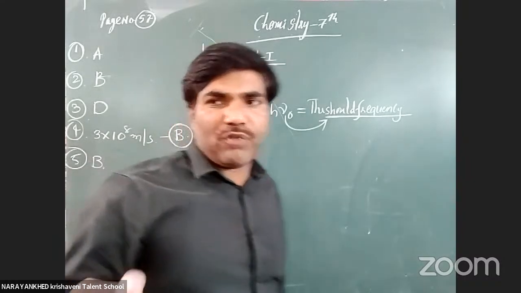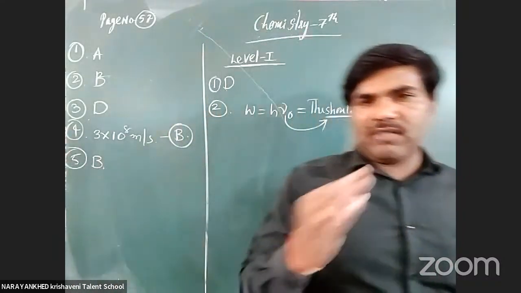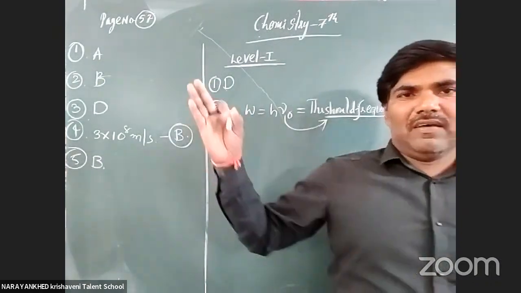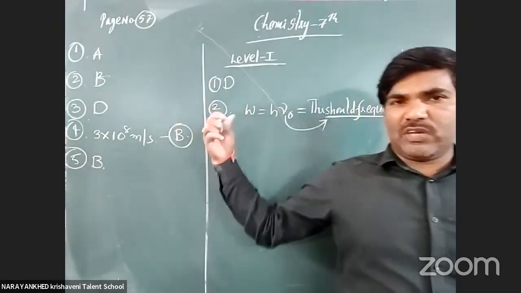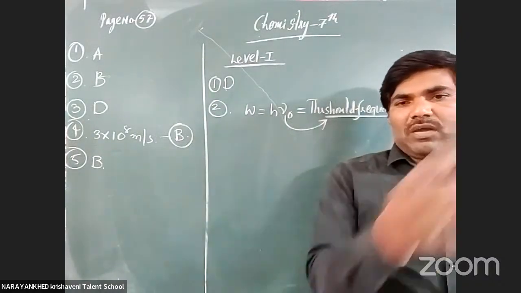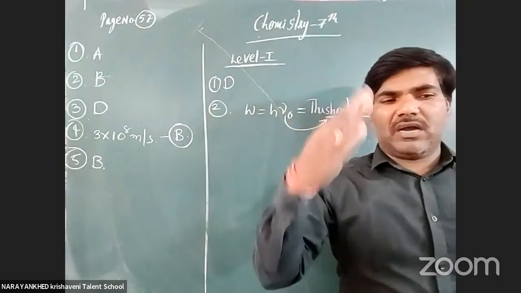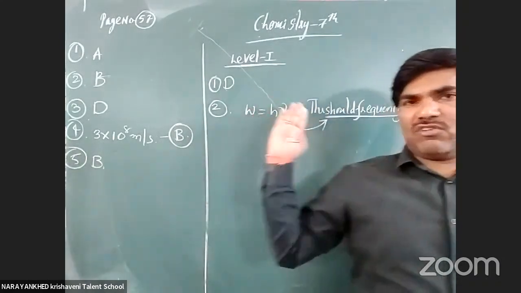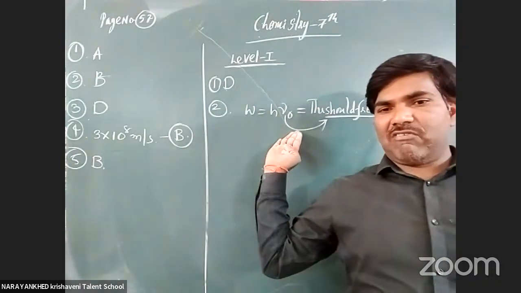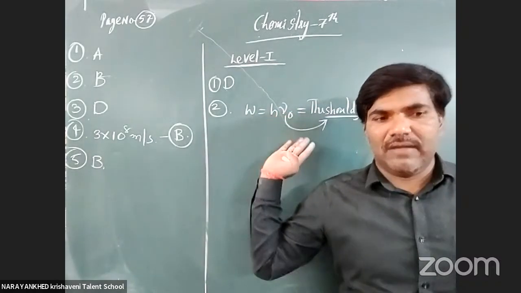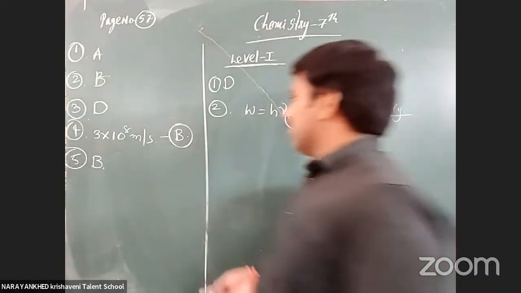Frequency is nothing but the number of oscillations per second. When our frequency matches the particular vibrations produced by the threshold frequency, the electron may come out from the metal surface. Got it or not? This is all about the threshold frequency.